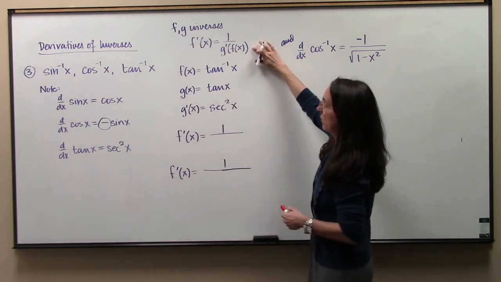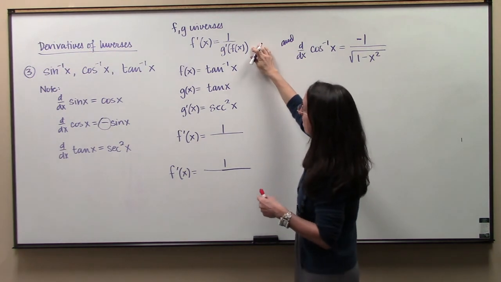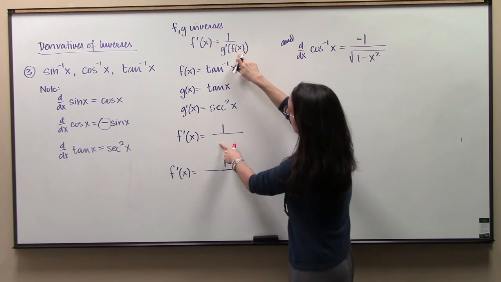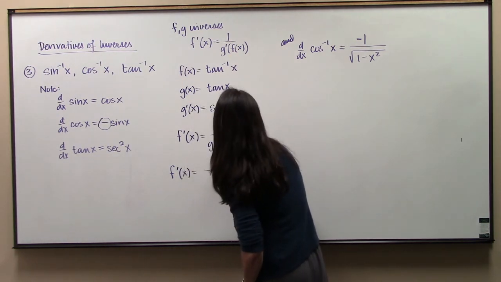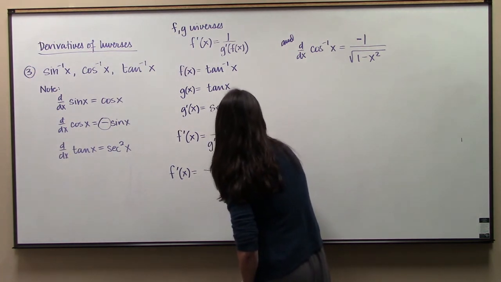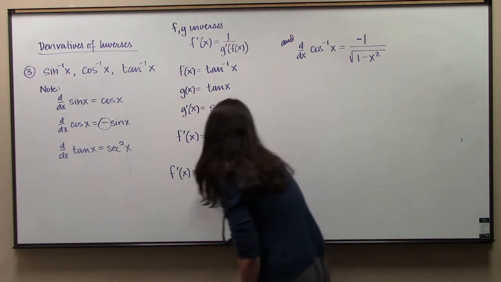And then according to the formula that relates the derivatives of inverses, the derivative of f is equal to 1 over the derivative of g evaluated at f. So g prime evaluated at f, and g prime is what? Secant squared.